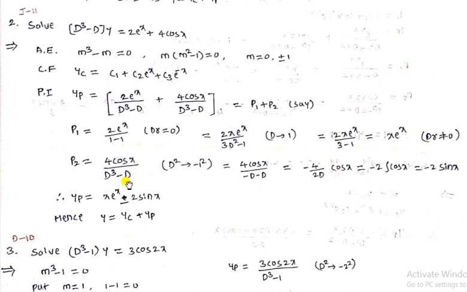So for convenience we have to rewrite D cube as D square into D, and the D square value is minus 1, so minus D minus D becomes minus 2D. So 1 divided by D is again integration, so the integration of cos x is sin x, so this gives the yp.